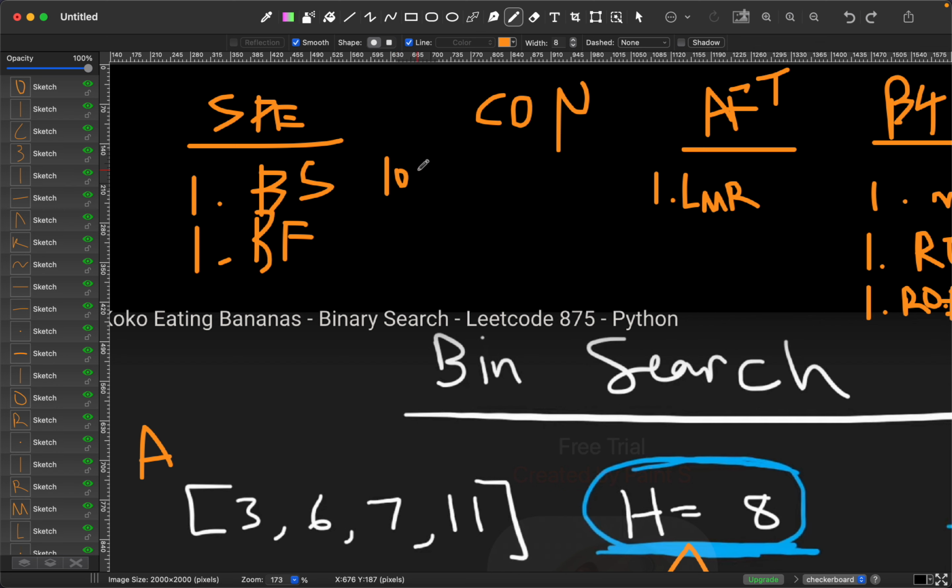So the big O time complexity will be log n, but for brute force it's always big O of n. That's what we know of. So this one, we can counter argue brute force easily, beat it out of the water, right?